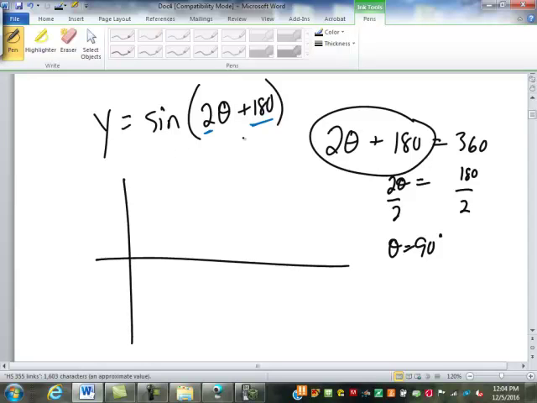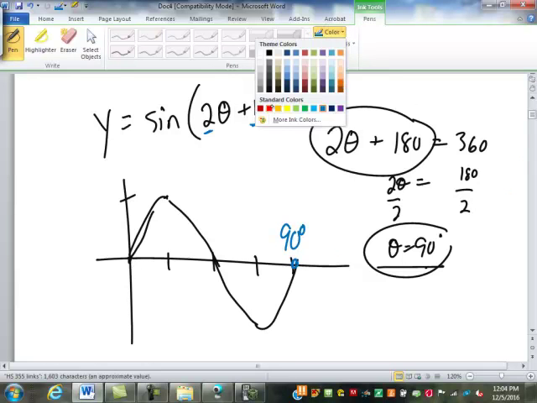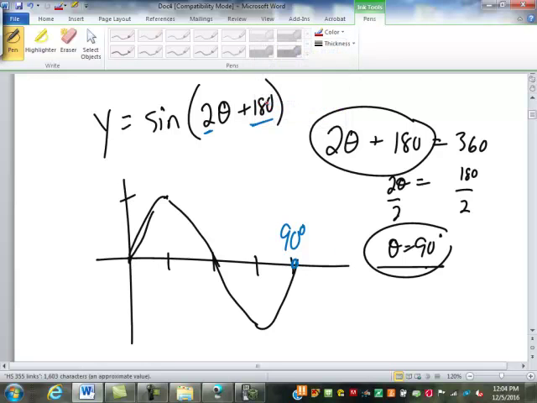So I'm just going to sketch out my sine curve here. It goes from 0 up to 1, down to 0, down to negative 1, and back up to 0. The end of my curve is at 90 degrees. So this is 90. The beginning of my curve, which would normally be 0 degrees, so right here, I have to solve this equation: 2 theta plus 180 equals 0.